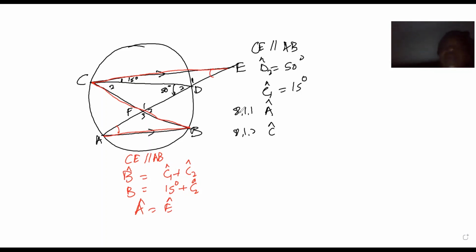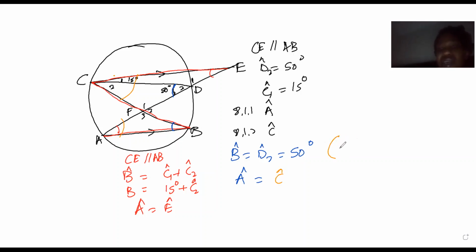Remember all the other theorems we did. Remember the theorem where angles subtended by the same chord on the same side of the, can you see that? Angle B is equal to angle D2. And D2 is 50 degrees. So if B is 50 degrees, can you also see that angle A is C. Remember to give reasons, ne?